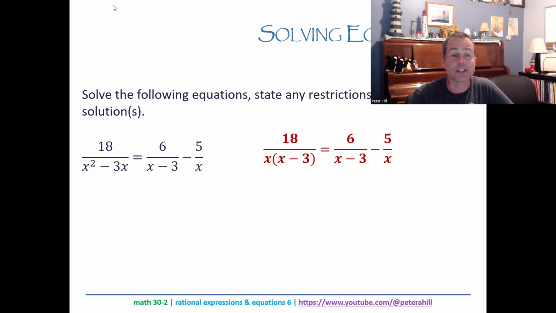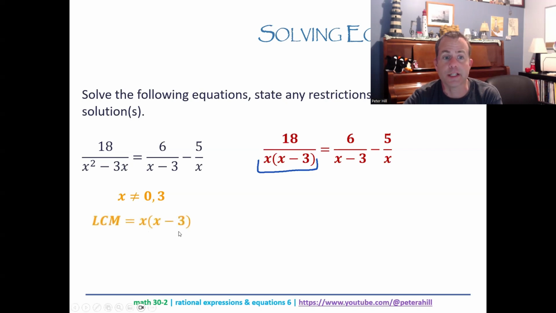But hey, that was actually super helpful because now I can see that this actually is my common denominator, right? So my lowest common multiple, which will be my common denominator, is going to be x times x minus 3. Now, I'm going to go through this by multiplying everything by x times x minus 3, okay? If you like getting a common denominator better, that's totally fine as well.